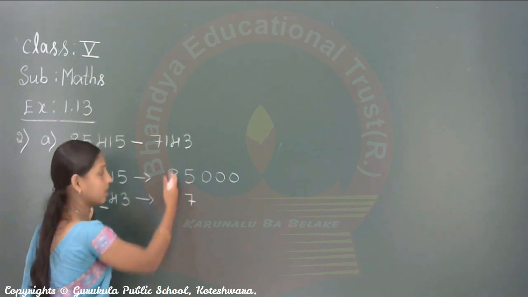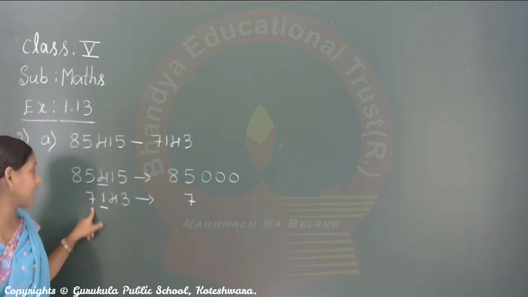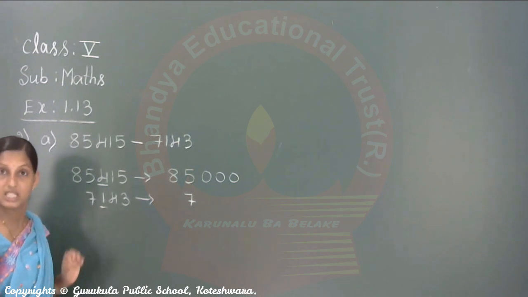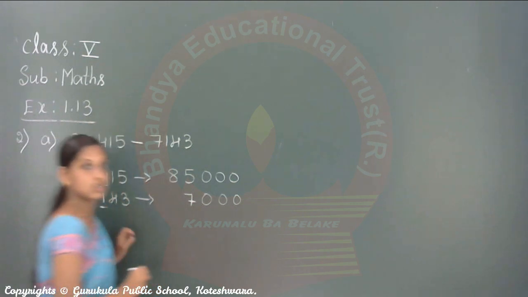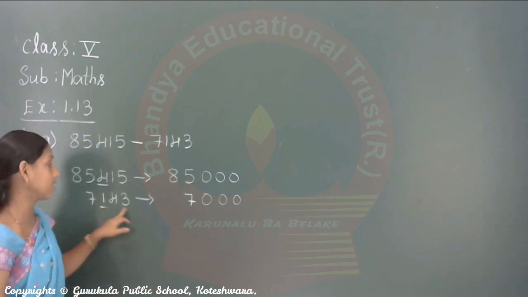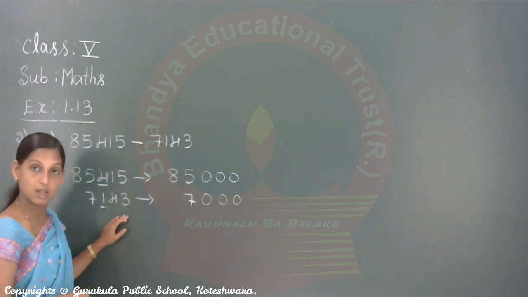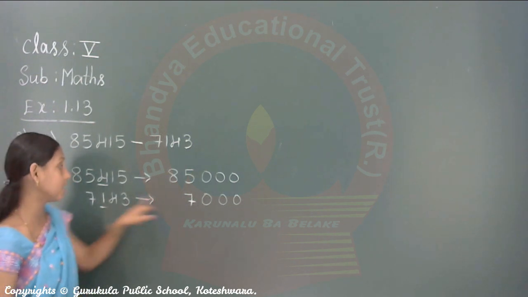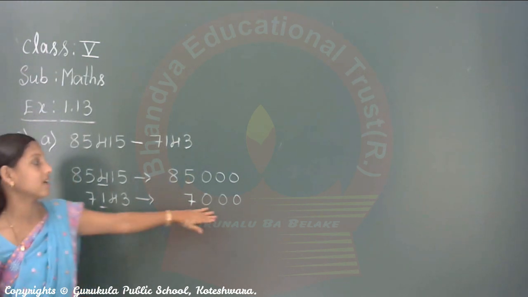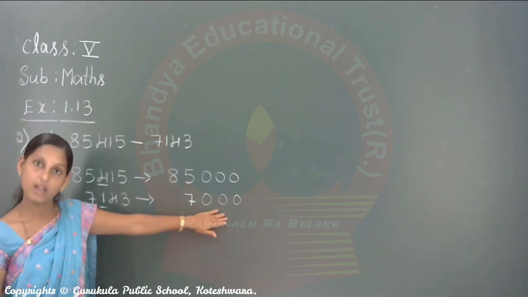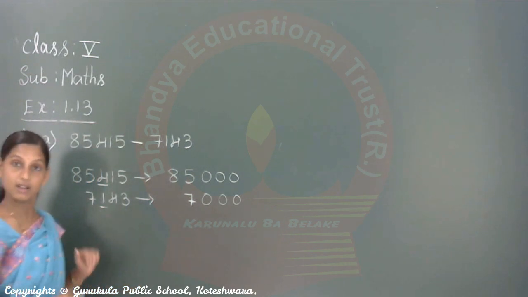Leave the 10,000s place. So, keep the thousands place as it is and make the other 3 digits 0. This number 7,143 also, when we round off this number, it is rounded down to 7,000, right? Rounded down means it has become less. So 7,143 is rounded down to 7,000.